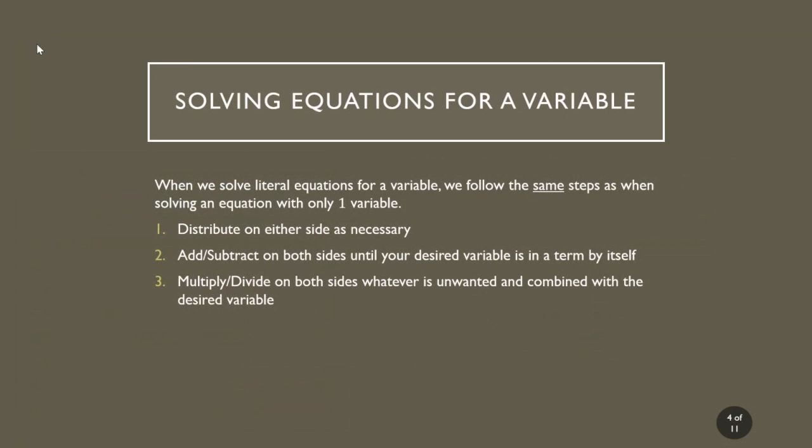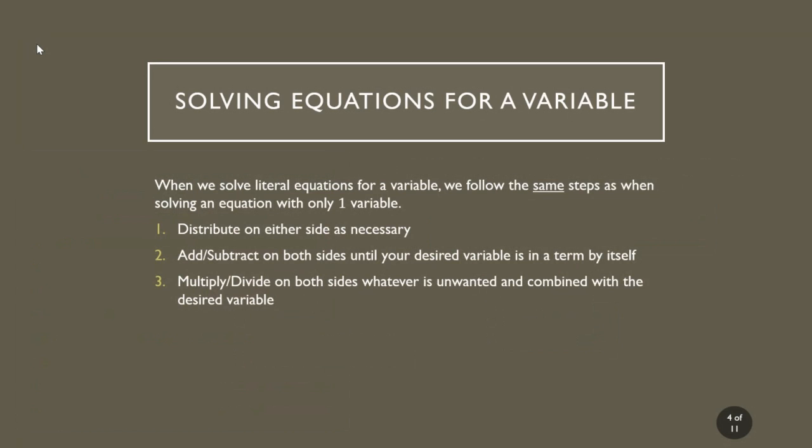The hard part is solving these equations for a specific variable. You've gone through solving an equation with numbers and solving for x. Now you're going to be solving something for a variable. When we do this, we're following the same steps as solving for x. You still use the distributive property to simplify both sides.